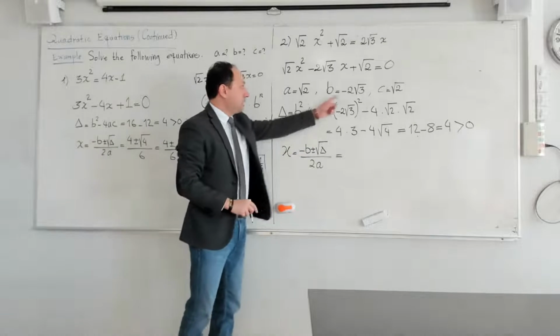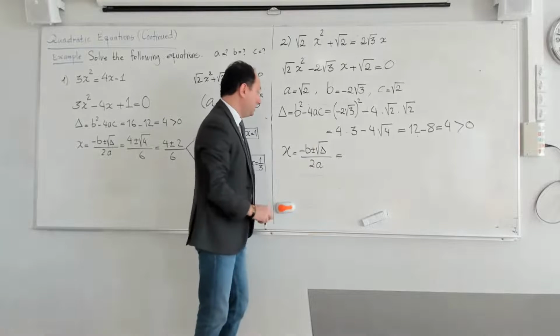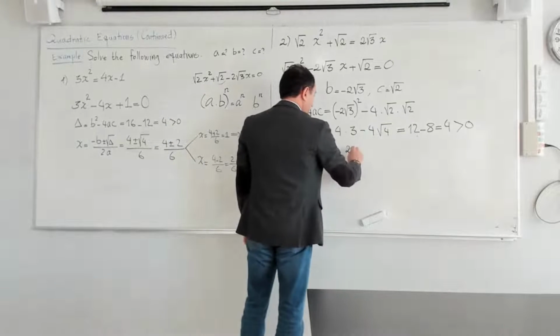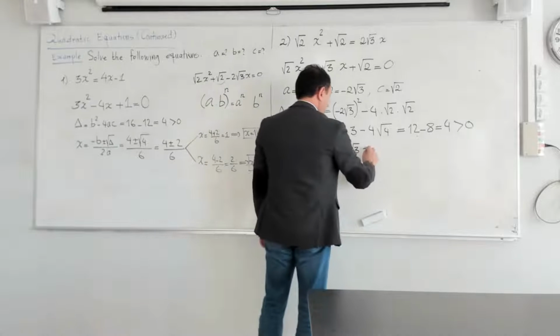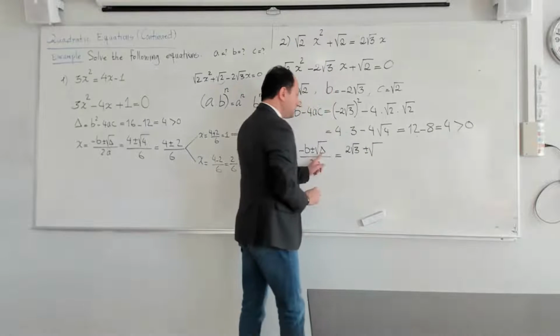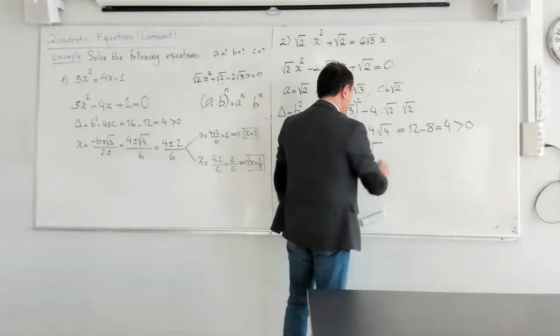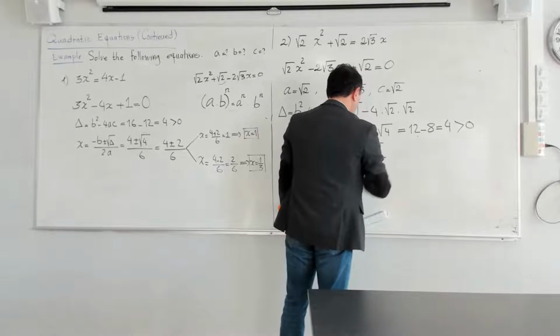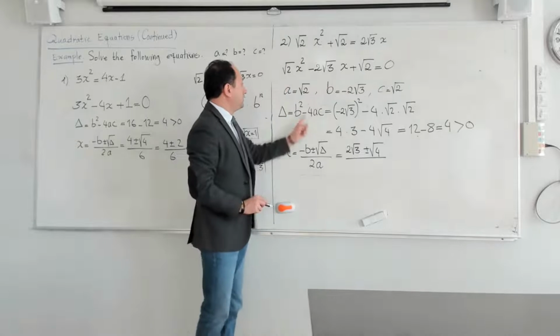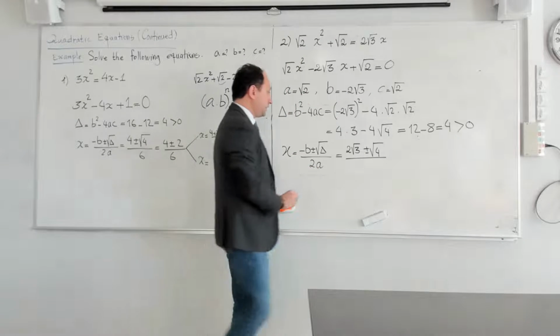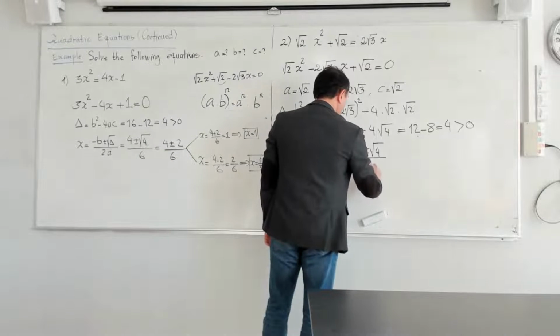So this negative sign will cancel the negative sign from here. It becomes 2 square root of 3 plus or minus square root of delta, but my delta is 4. And then divided by 2 times a. A is the square root of 2. I multiply it by 2. It becomes 2 square root of 2.